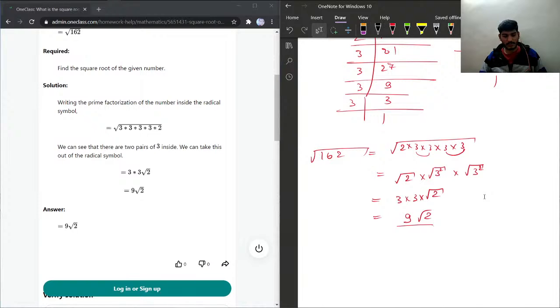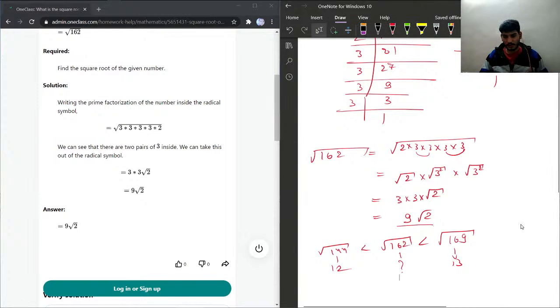So 13 square is 169, 12 square is 144. Square root of 144, square root of 162, and square root of 169. So this is 12, this is 13, and this one we need to find.